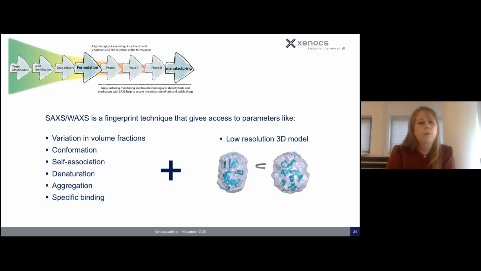So many of the characterizations that have been done in the previous phases are actually also done in the manufacturing phase. SAXS and WAXS are fingerprint techniques. So this means that they have a very high sensitivity for small differences across samples.